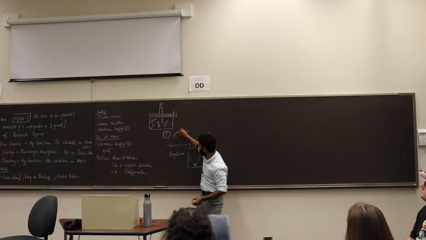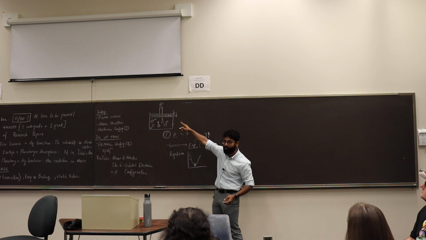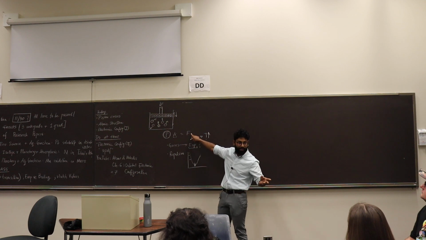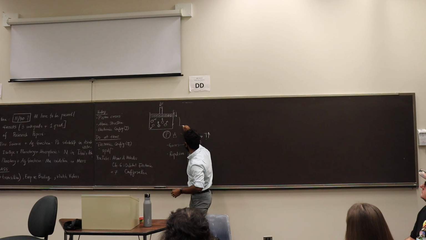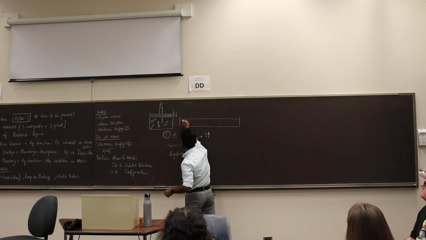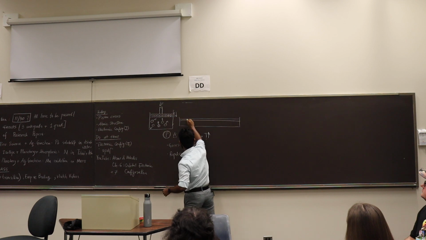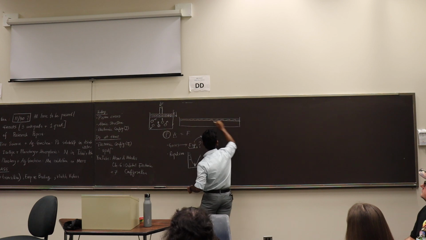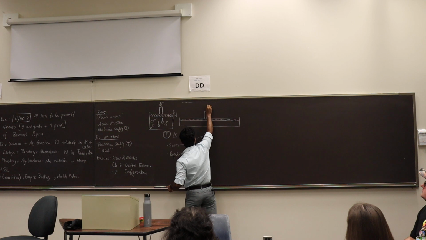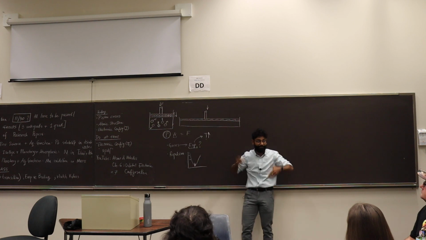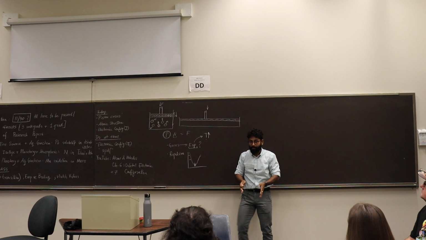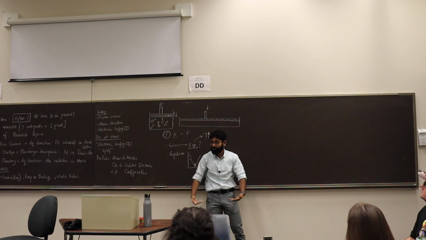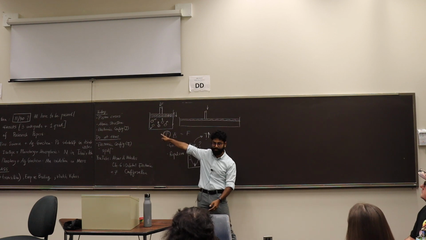So if you increase the area, the force that you are applying should also increase, right? If this thing becomes something like this, with increased area, this force has to be more. You have to apply more force to keep the piston from moving out, with the same amount of gas.